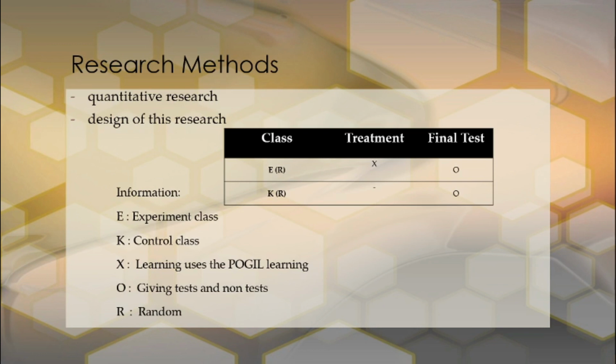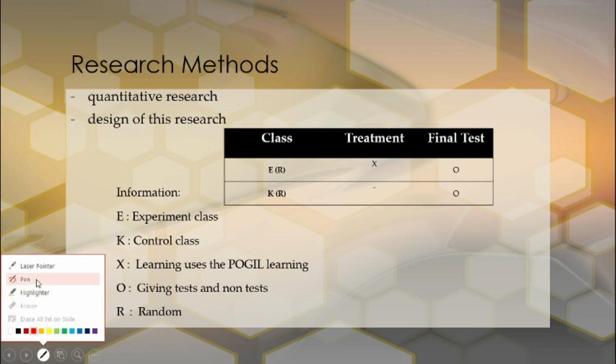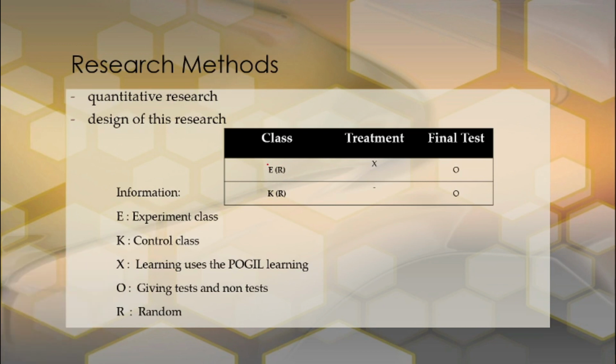For the design of the research, we make two classes for the research. One class is the experiment class, and the second class is the control class.